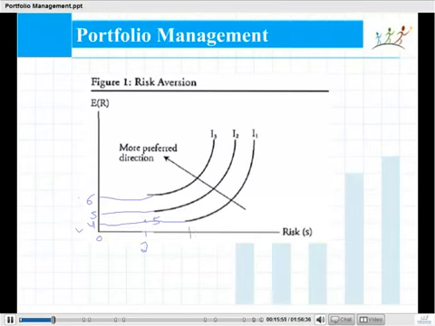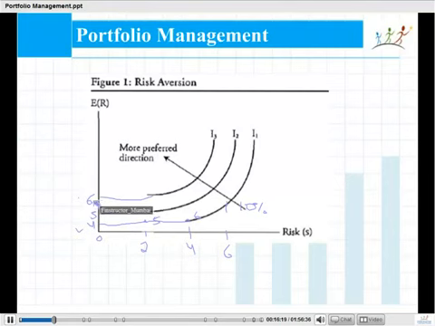And for taking 4 units of risk, I will at least want 6% return. And for taking 6 units of risk, I will at least want 10% return. So investors can't decide the risk-free rate, but every investor can decide his or her indifference.